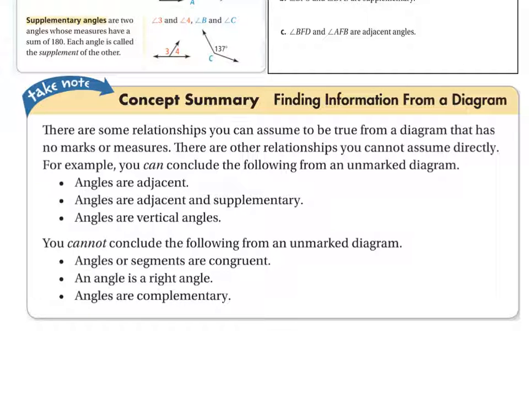It has to have that little box in the corner. Also, you cannot assume that angles are complementary. You cannot assume that two angles will add up to be 90 degrees just by looking at a picture. Again, you cannot conclude that it's a right angle, let alone that the two angles are complementary. So those are three things that you cannot just assume are true. They have to be marked.